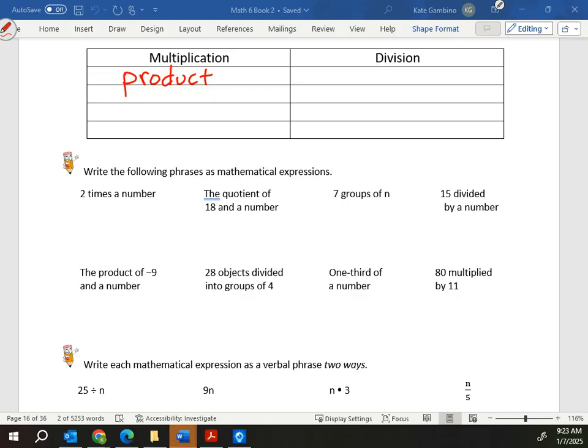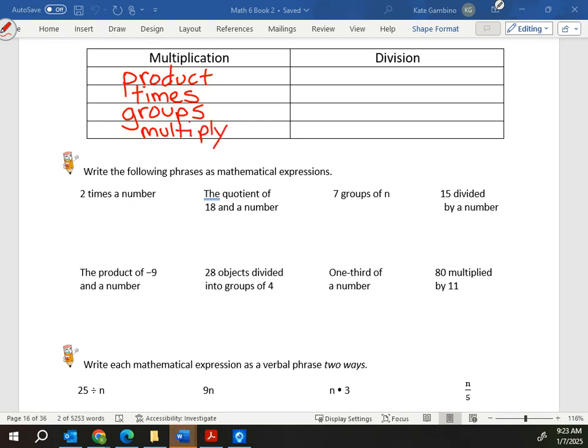Bridget: times. Lexi: groups of. Nolan: multiply, or multiply by.